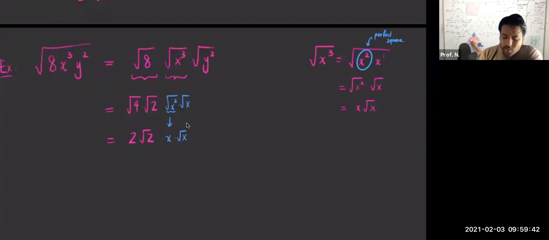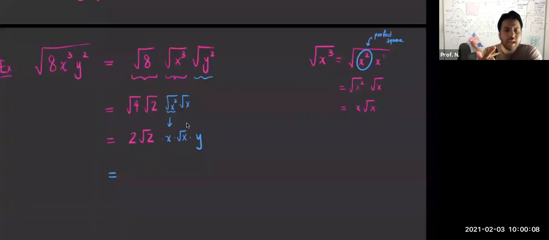And then by the same token, what is the square root of y squared? It's y, because you're taking the square root of a perfect square. Y squared is a perfect square. Everything that's out, that's not inside the radical, you place in front.